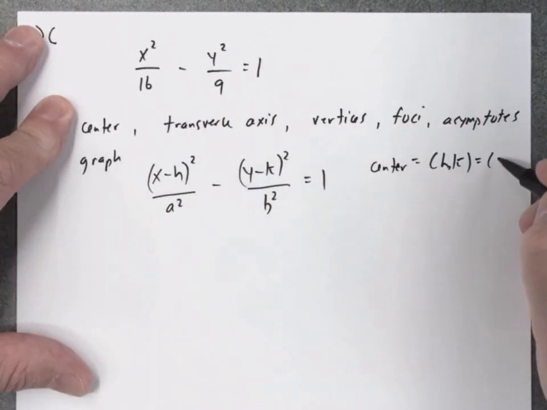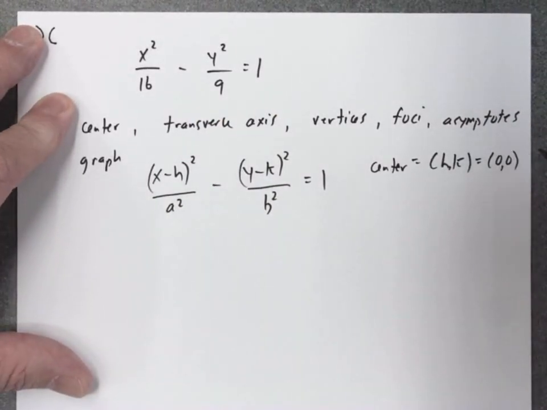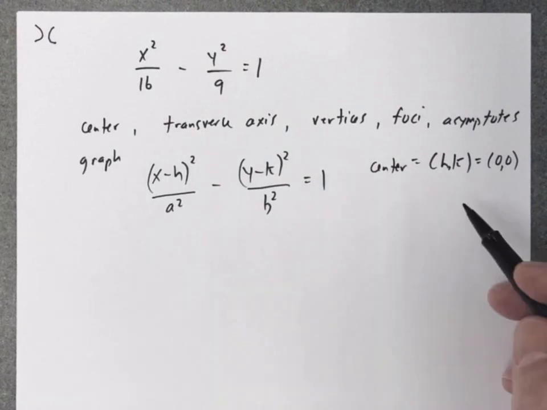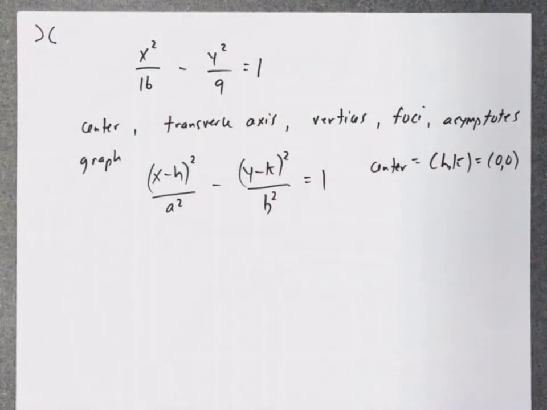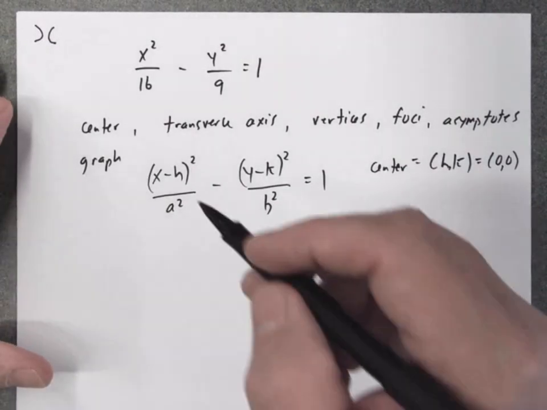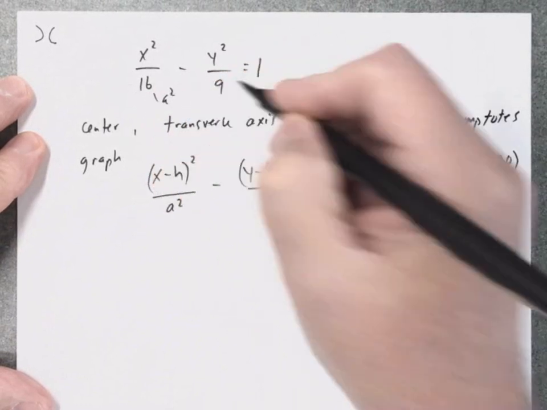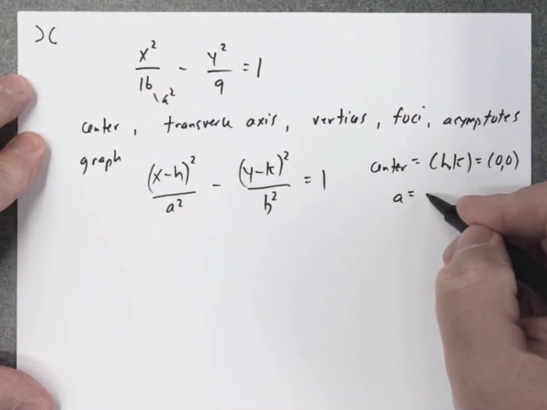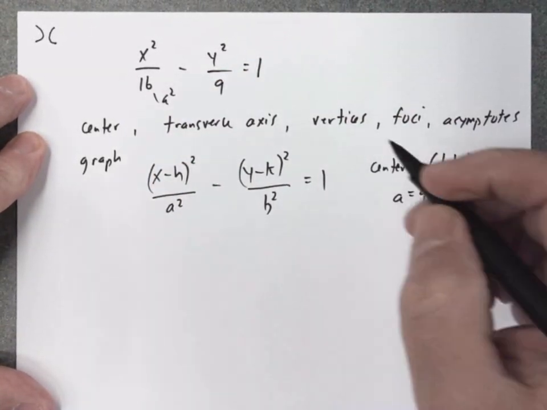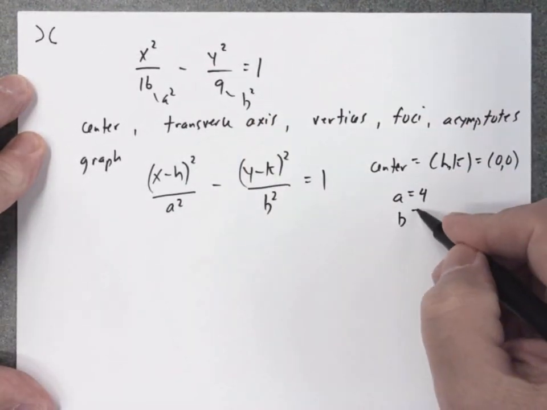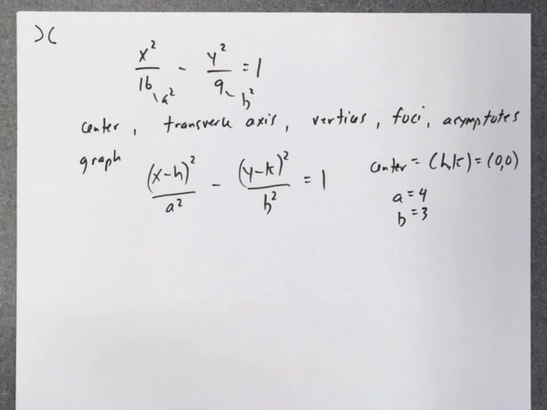That's because h and k are 0, which means for this hyperbola the center is at the origin. Now it's pretty easy. The 16 is a squared, so a is going to be 4, and the 9 is b squared, so b is going to be 3.